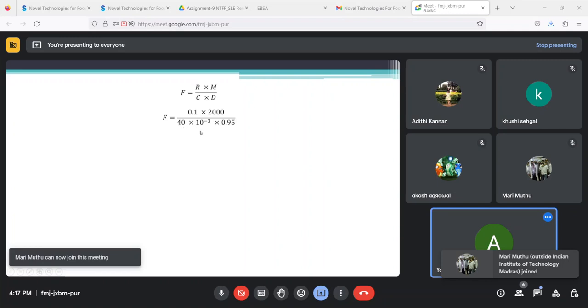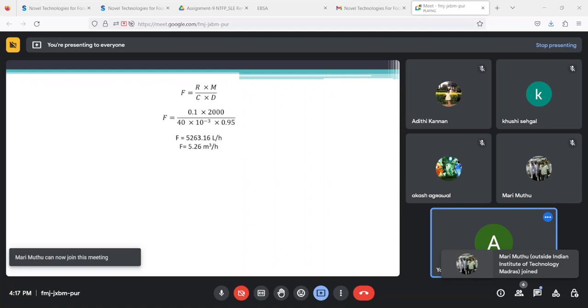So 40 into 10 power minus 3 into D, which is the efficiency ratio, which is 0.95. So when you simplify this, you get F is equal to 5263.16 liter per hour. And when you convert this into meter cube per hour, you multiply it by 10 power minus 3. So you get 5.26 meter cube per hour.